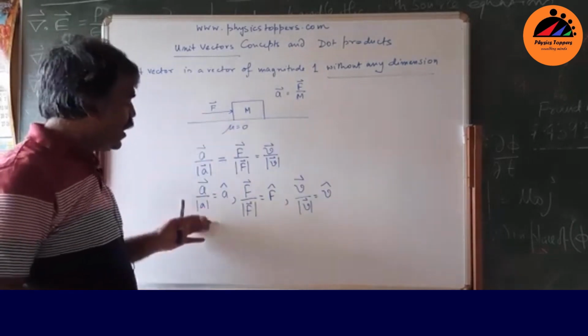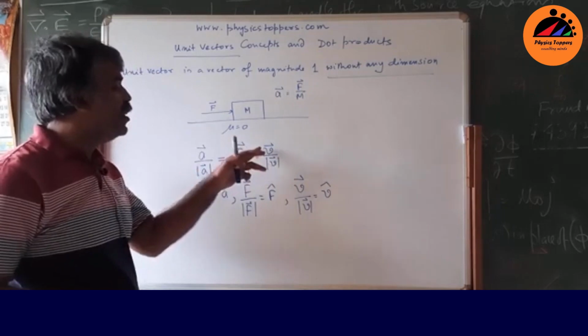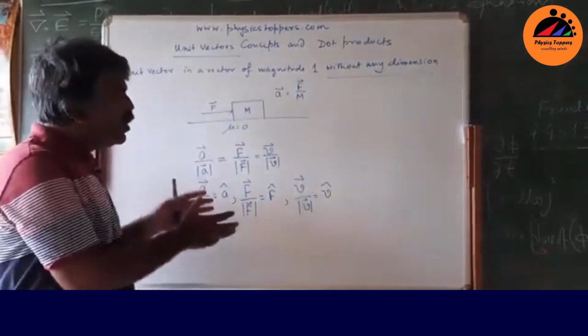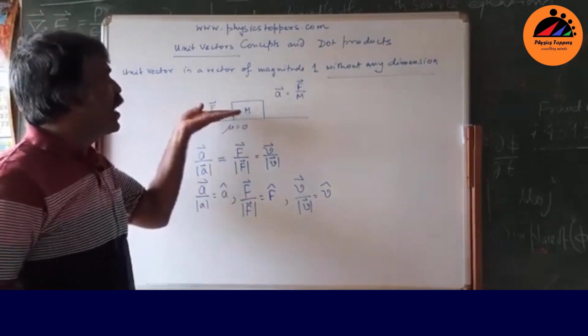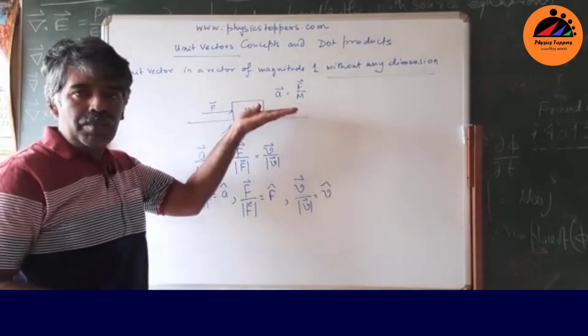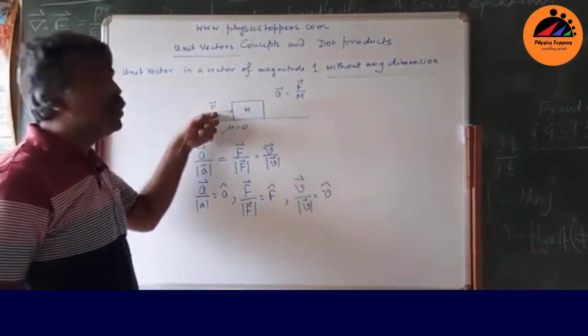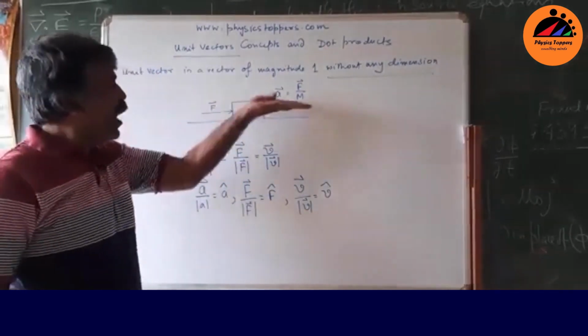Now these three things, if you consider a vector, F vector and v vector, these have different dimensions, that's true. But if you consider the unit vectors along this direction, suppose I apply a force, there is no friction, the acceleration will be along the force direction by second law. So direction of acceleration and direction of force is the same, and the instantaneous velocity will also be along this direction.